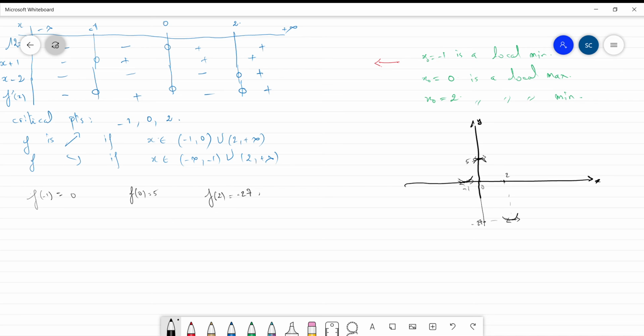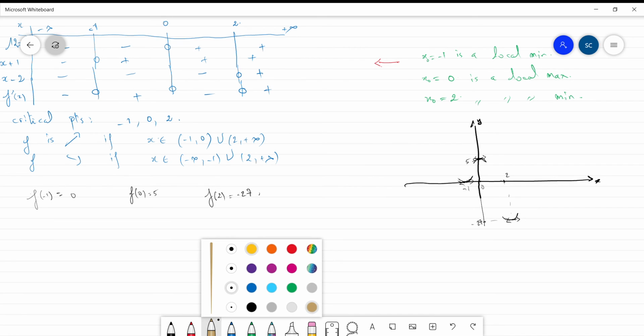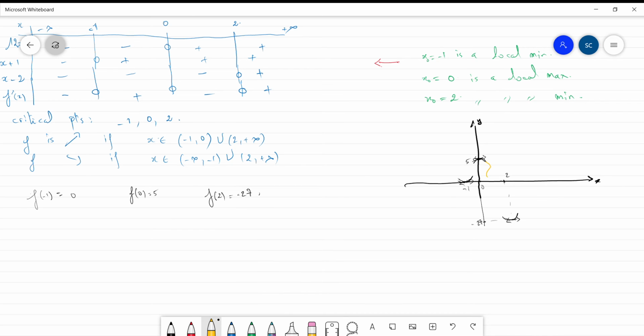Now, if I try to connect these points, it will not be easy for me, because there are many possibilities. Does my curve behave like that? How can my curve do something like that? Later, here there is no extreme point, so it cannot happen.